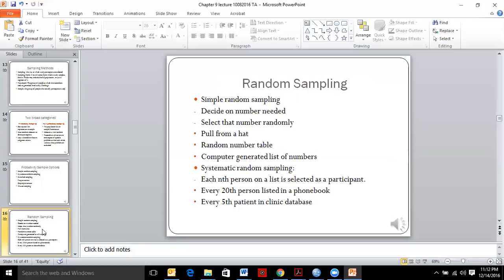In systematic random sampling, every nth person on the list is selected as a participant. For example, every 20th person listed in a phone book, every fifth patient in a clinic database.